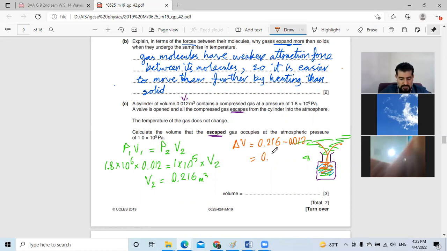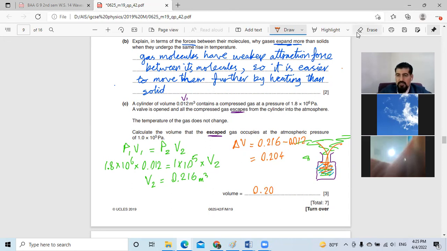What we can say here? Here 4, here 1, 2, 0, 4. So the answer approximately, you can write it 0.21 or 0.20 cubic meter. Hold on.